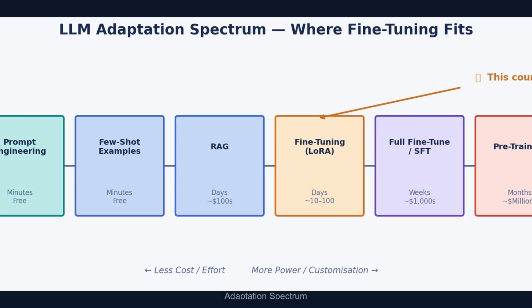Then fine-tuning with LoRA, the method this course teaches, which typically runs $10 to $100 and takes days rather than weeks. That's the sweet spot, meaningful model customization at a cost that's accessible for individual developers and small teams.